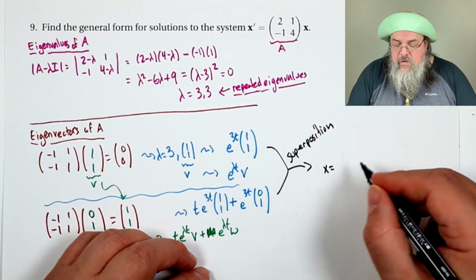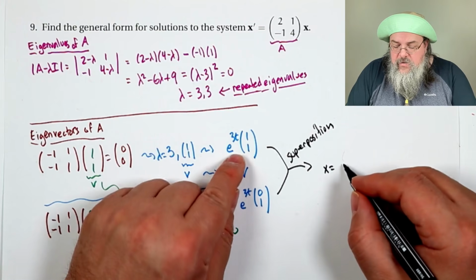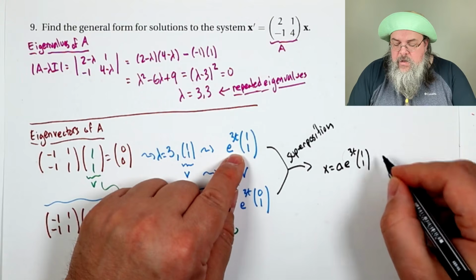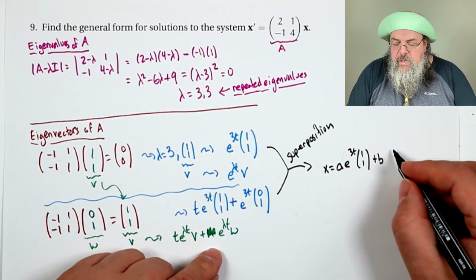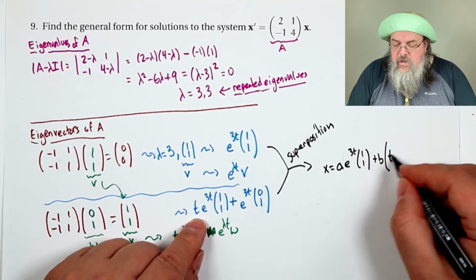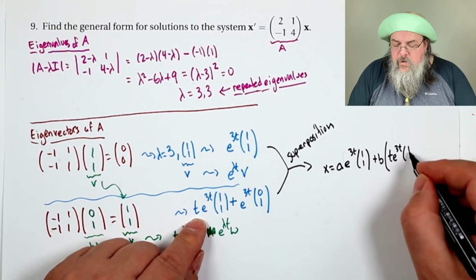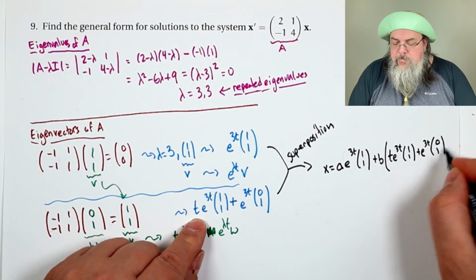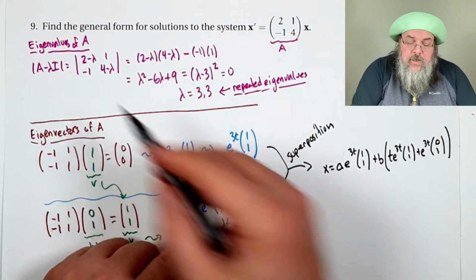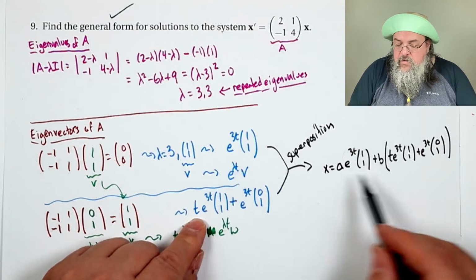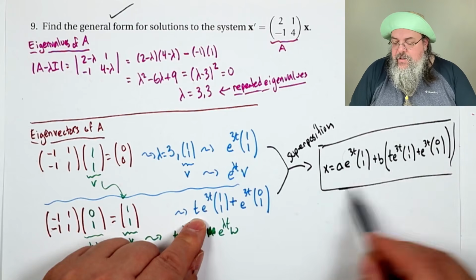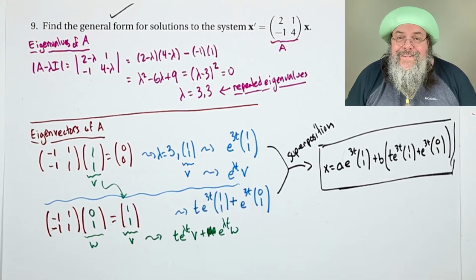X is some constant a times e to the 3t, 1, 1, plus some constant b times t e to the 3t, 1, 1, plus e to the 3t, 0, 1. And we're after the general form, so we don't have to solve for initial conditions, and so life is good.